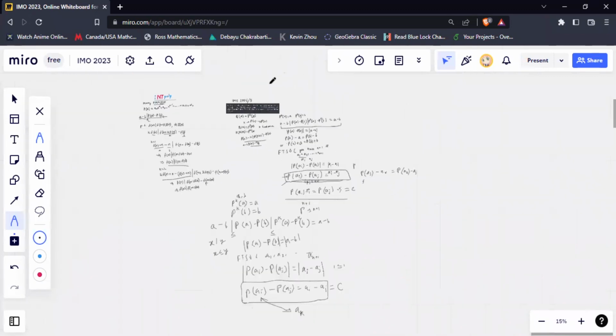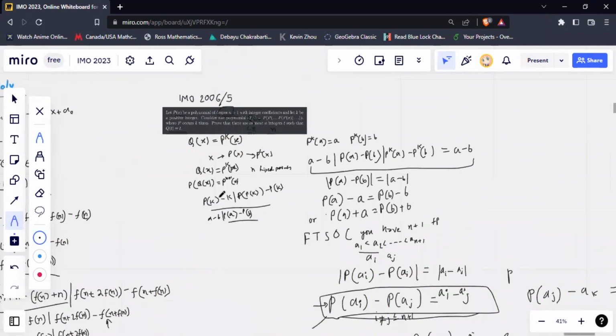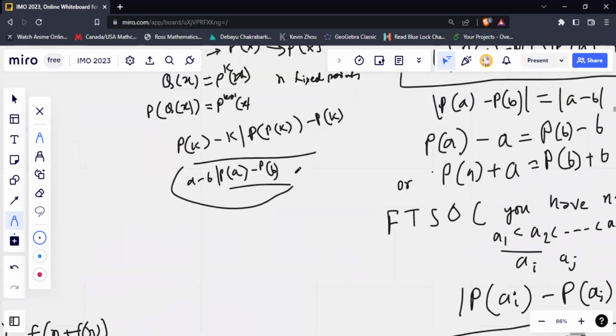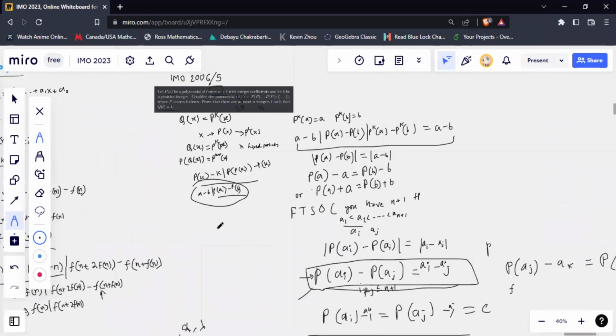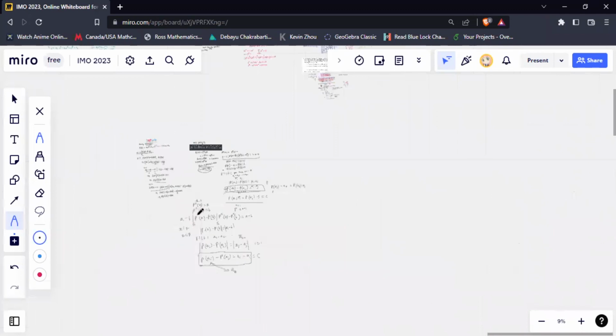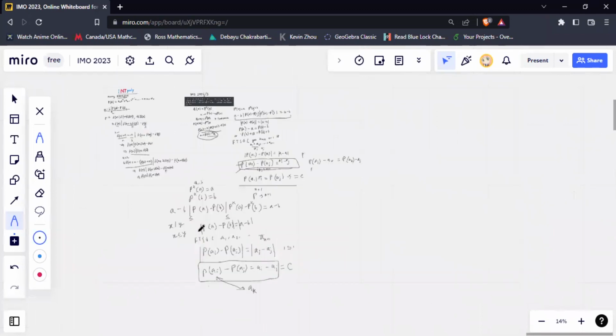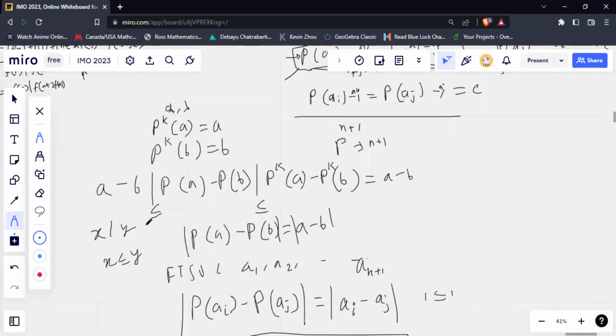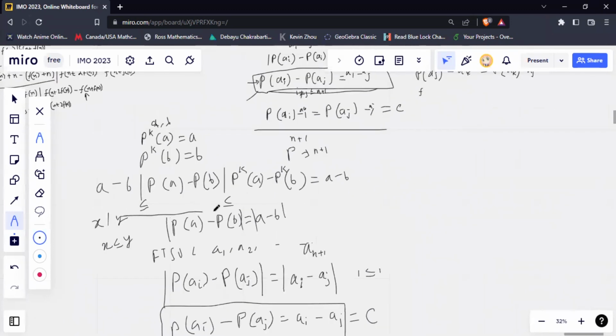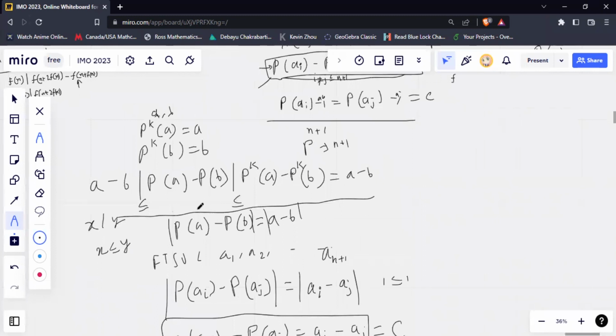Okay, so what are the takeaways from this problem? First takeaway is that this relation is super useful. Second is that size stuff is quite important. This probably looked really easy, but it is hard to spot.